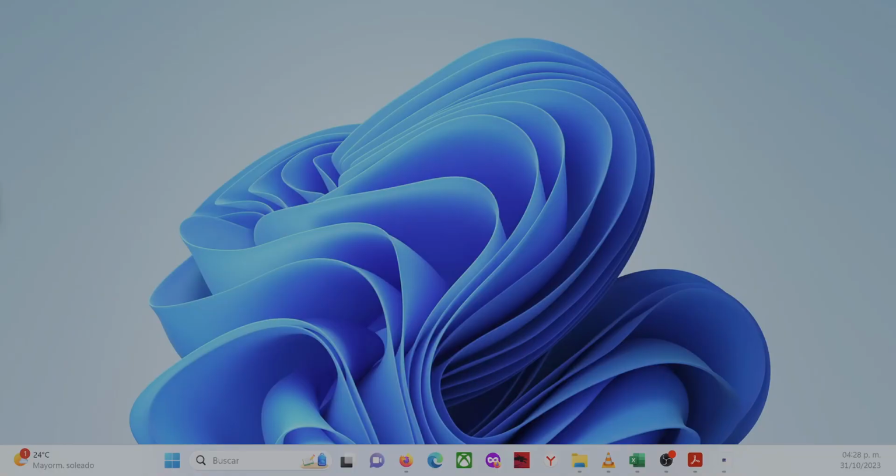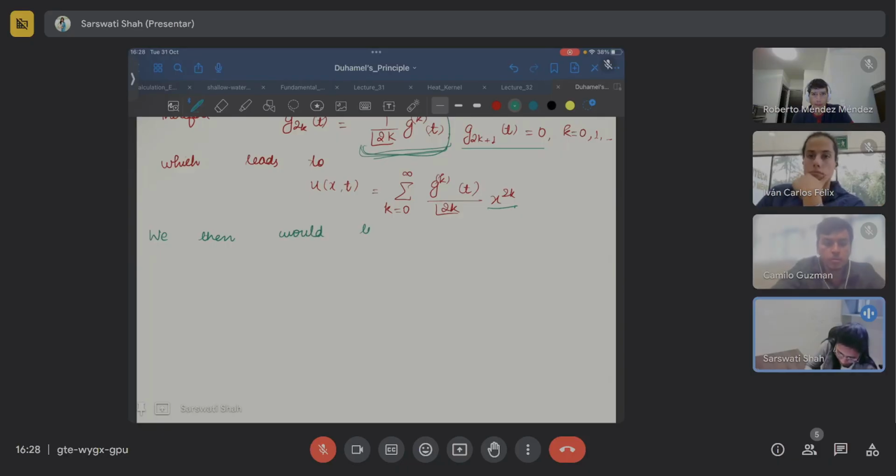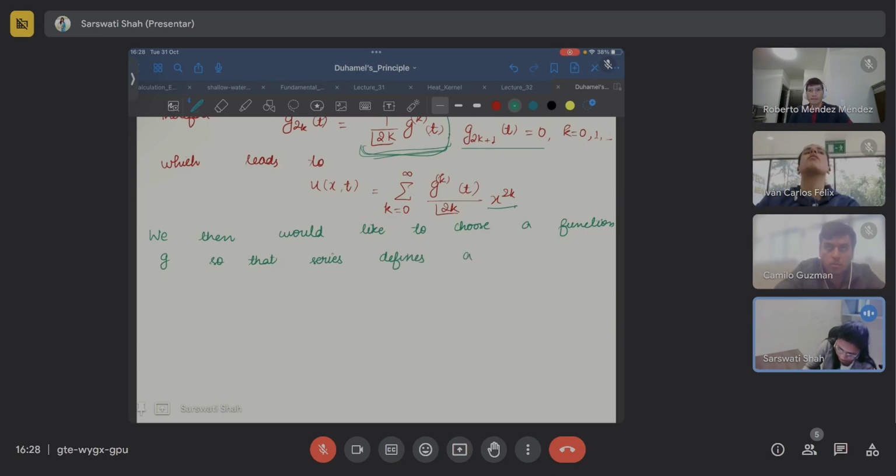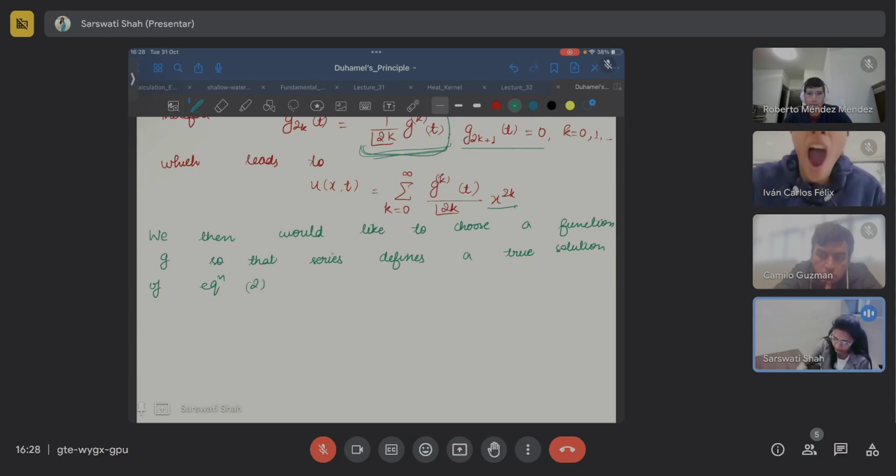We then would like to choose a function g so that the series defines the true solution of equation second.